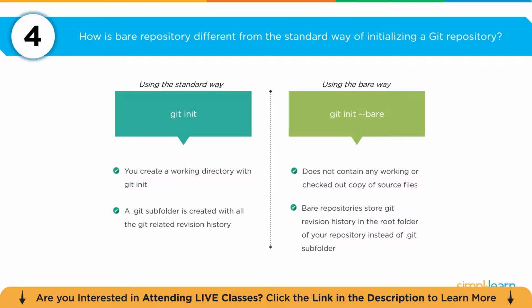In contrast, using the bare way, you have a different command for setting that up. It would be git init --bare, and it does not contain any working or checked out source files locally on your machine. In addition, the revision history is stored in the root folder versus a subfolder that you would have with the normal git init initialization.